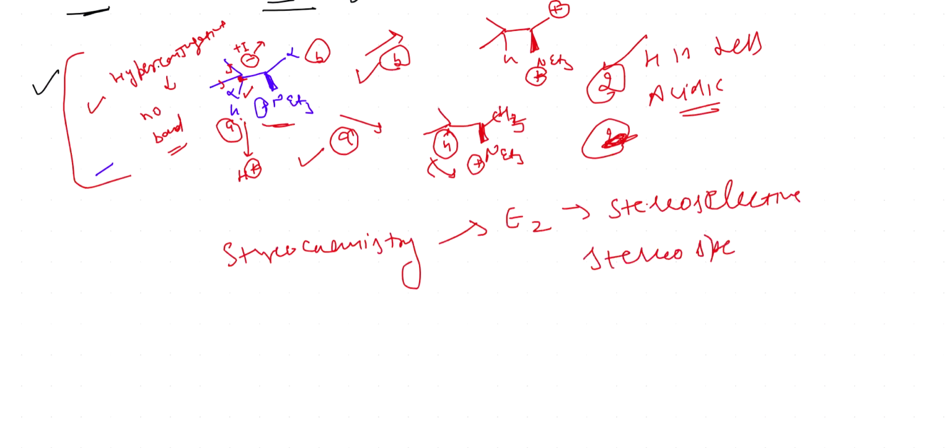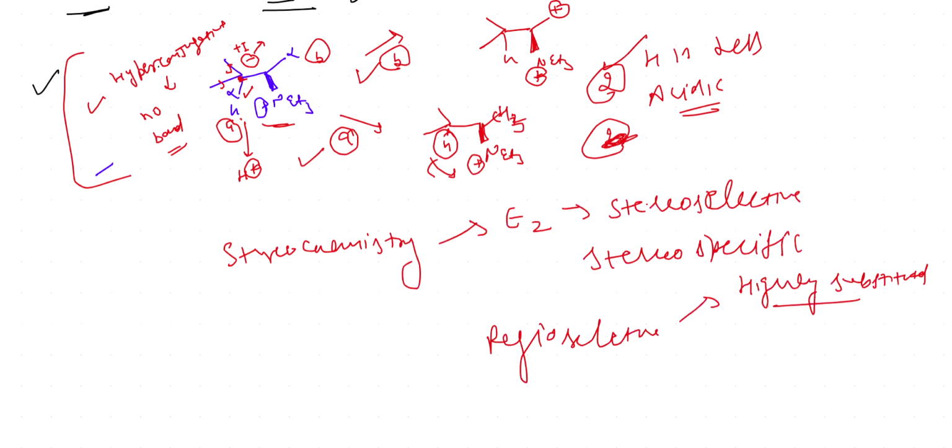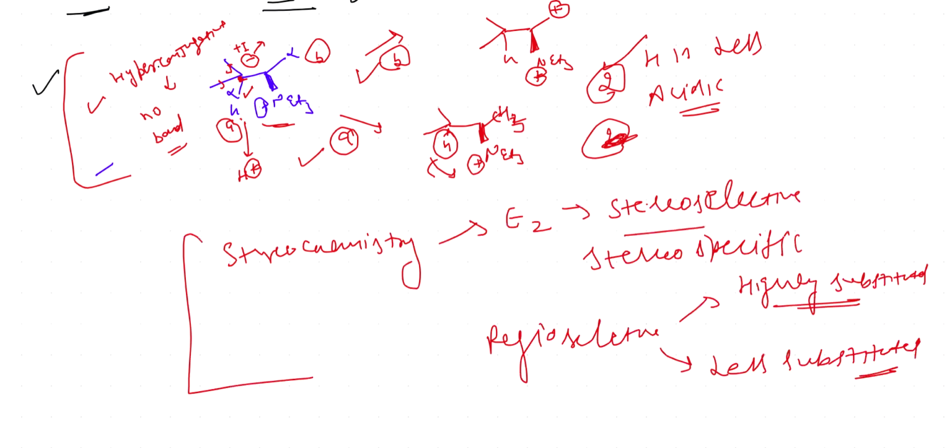Regioselective: it can give the highly substituted product, it depends upon the type of base, and as well the less substituted product. Clear? So in this case, both these situations are possible: stereoselective, stereospecific, highly substituted, and less substituted.